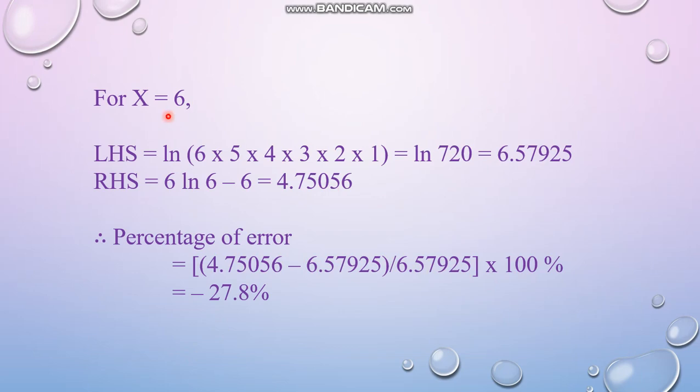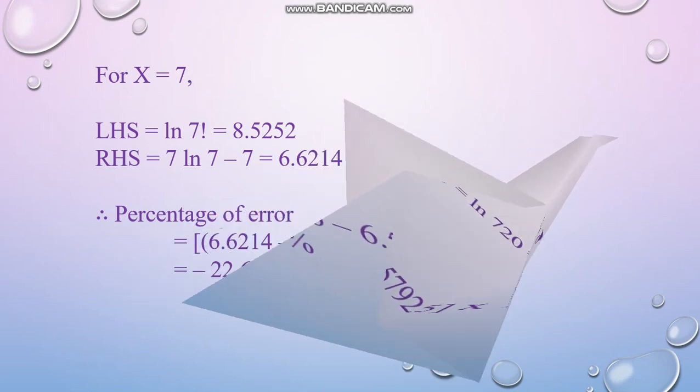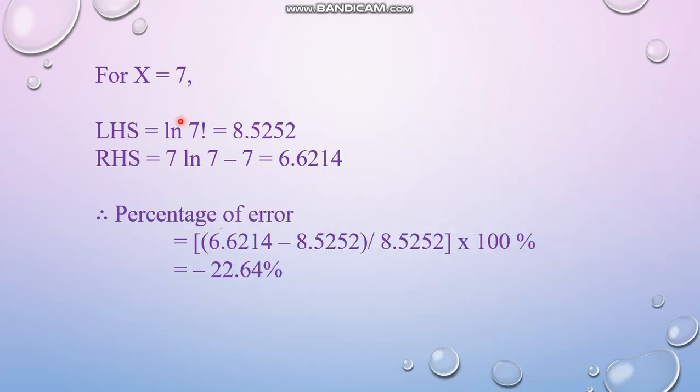Now if the value of x is increased by 1, instead of 6 if you take it to be 7, then by the similar process you will find that the left hand side is 8.5252, whereas the right hand side is 6.6214, and the error is found to be minus 22.64.